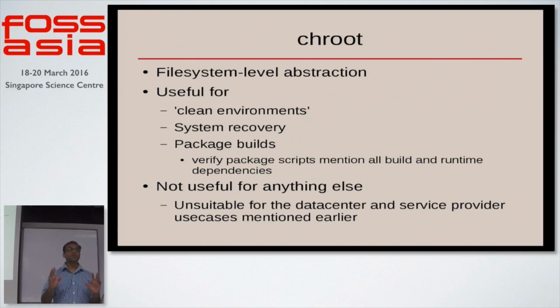There might be some stray packages available on your system, but not on some other build system, which might cause the build to succeed on your system, but not on the other. These are the kinds of errors which mock prevents you from making. So chroot is extremely useful for such cases.